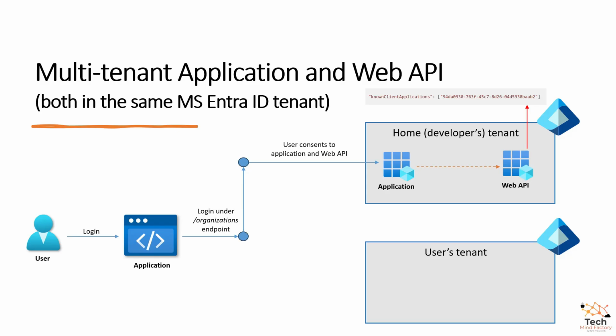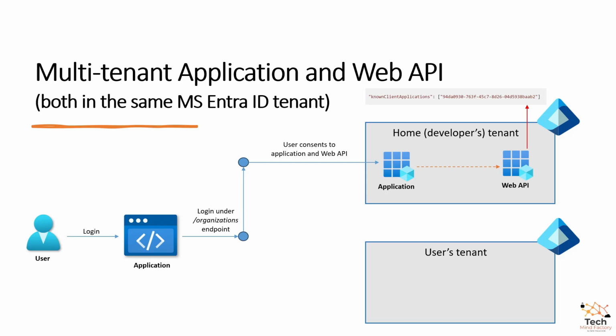But in this scenario, as you can see, we talk about application and web API. So basically this application will try to obtain an access token for the protected resource, which is web API. But the thing is that there is no web API service principal created in user's tenant, right?